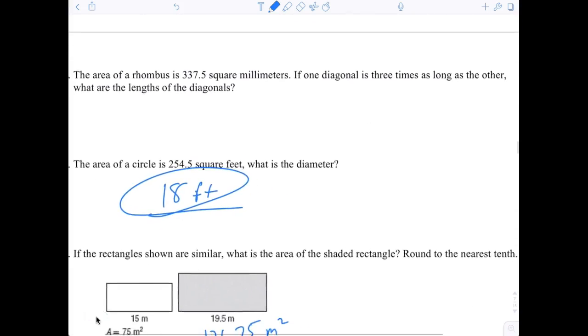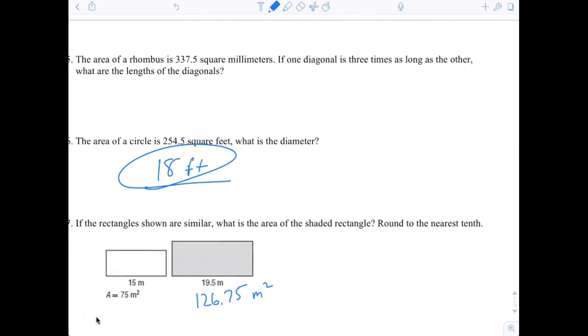Let's go. The area of a rhombus, one diagonal is 3 times the other. So what's the formula? 1/2, right, so it would be 1/2 x times what? 3x is equal to 337.5. So multiply by 2, divide by 3, square root.